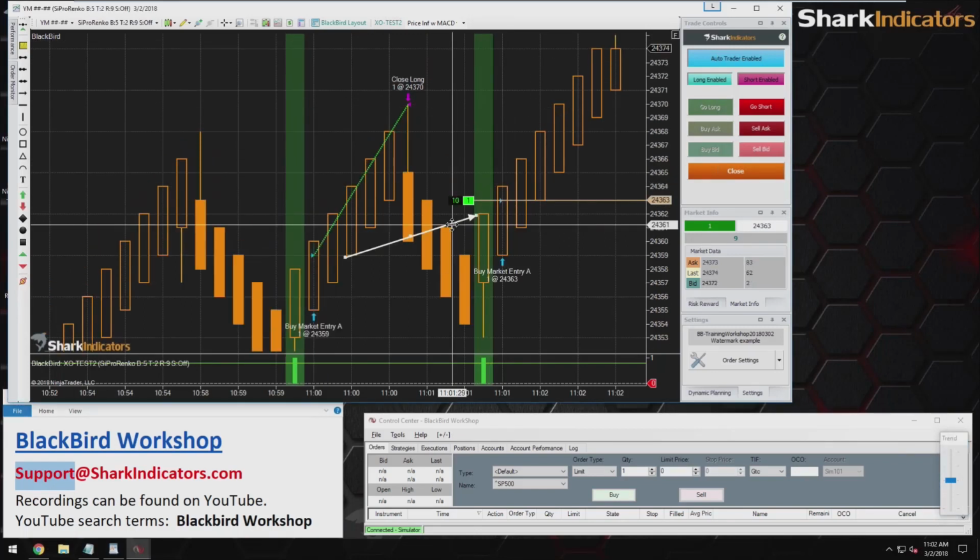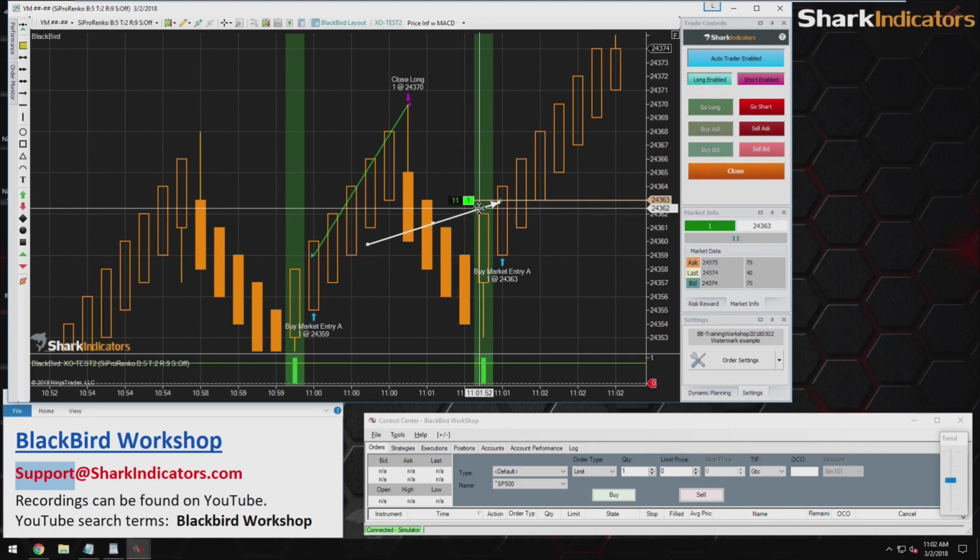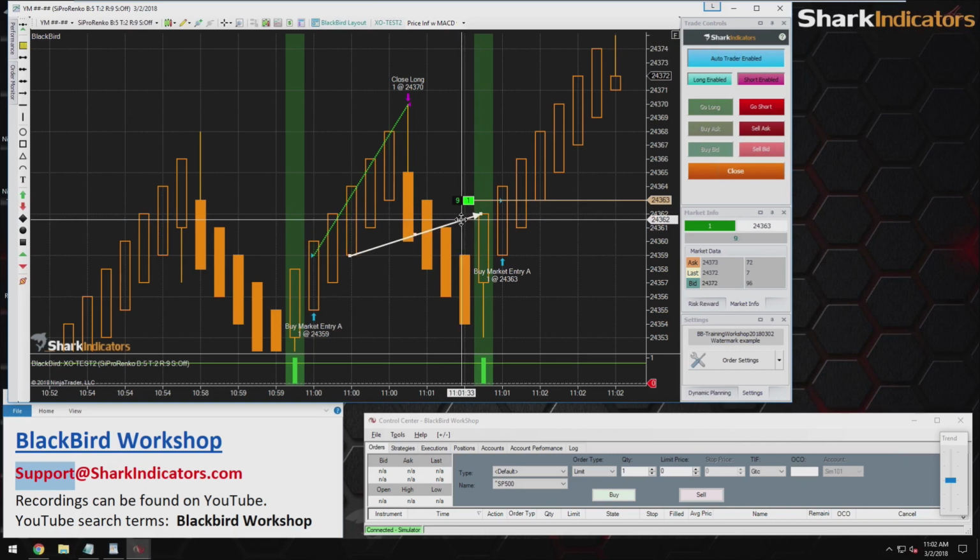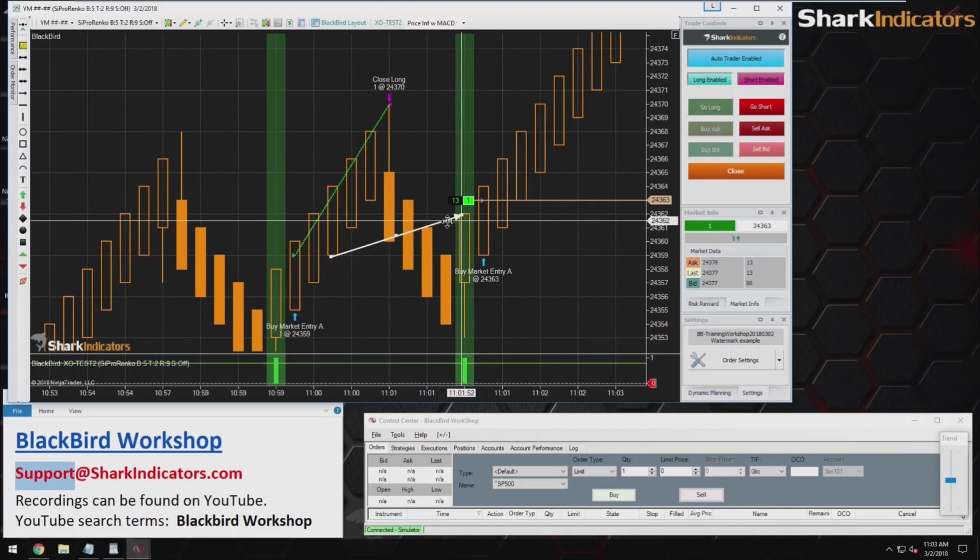This question comes around quite a bit, such as, how can I get my entry price closer to the bar's closing price? And in regards to renko bars, that is not possible because of the nature of renko bars. It's because of how renko bars are calculated that it will never be possible.